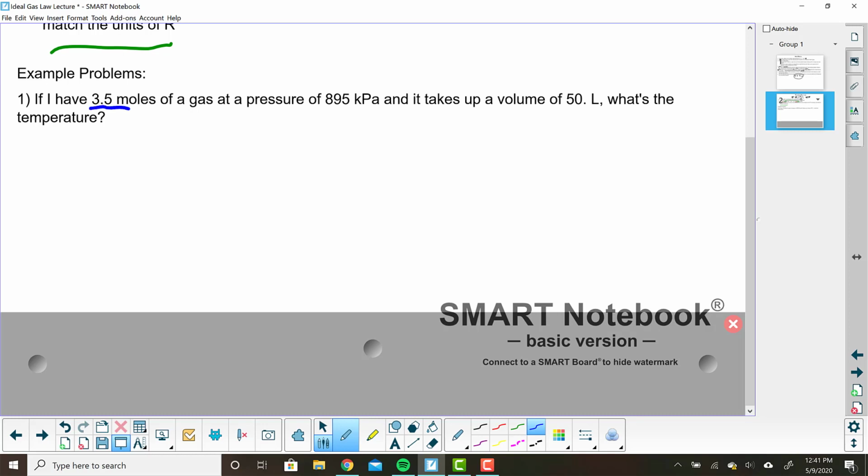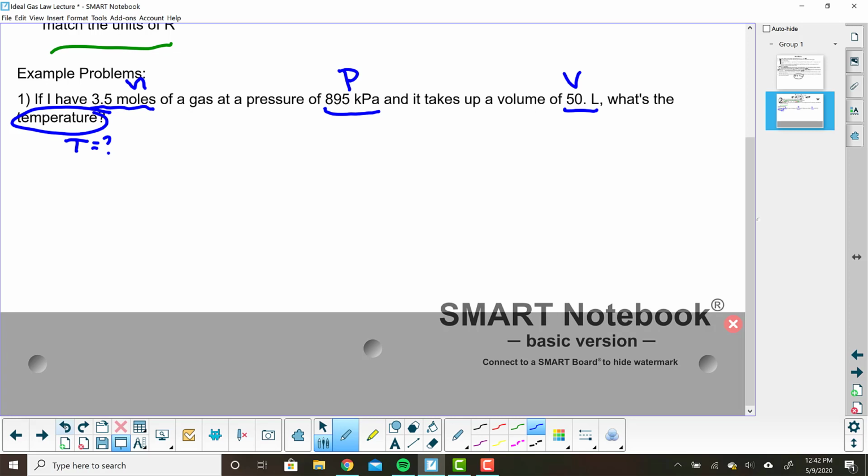When you see 3.5 moles, you don't have to designate it as n1 or n2. You just say this is n, okay? And then it says we have a pressure of 895 kPa, so we have P, and it takes up a volume of 50 liters. So this is volume. And T is what we are going to find.